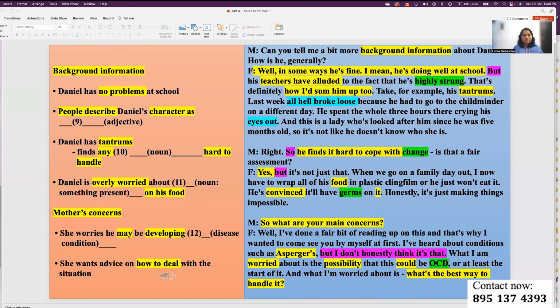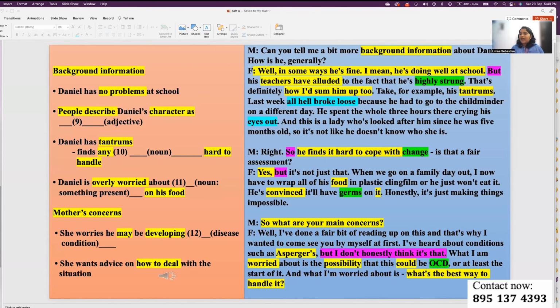And in the question, she worries he may be developing. So we predicted she may tell some disease condition. May, the keyword is important here, maybe means there is a chance or possibility. She will tell some possibility of the condition because she doesn't know if it is confirmed or not. Okay, well, we can see the script.